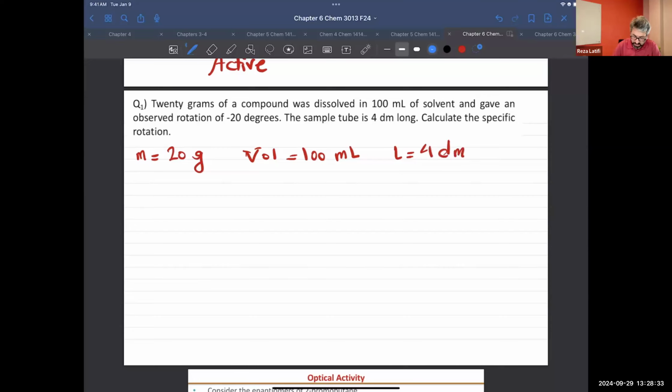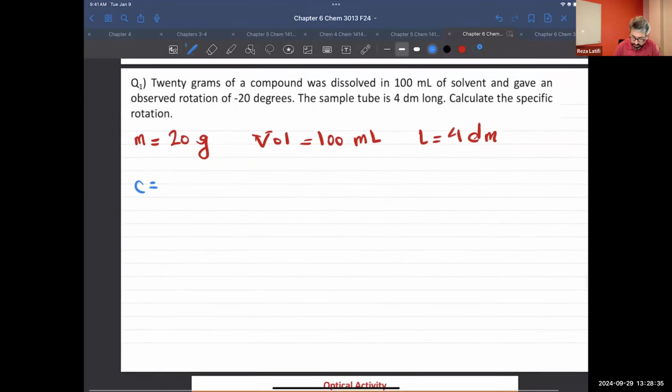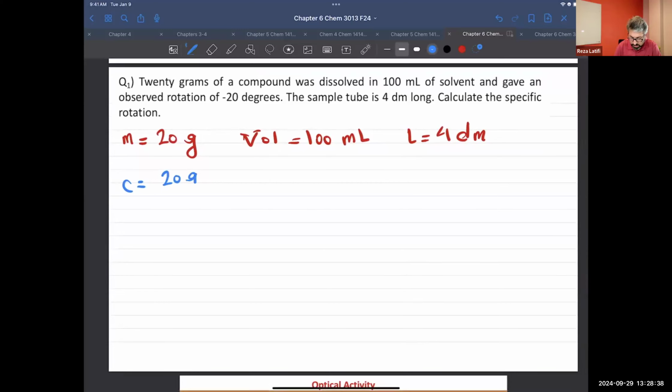So I'm going to say C will be equal to 20 gram mass divided by the volume, 100 milliliter. So 20 divided by 100 is going to be 0.2, and the unit will be gram over milliliter.